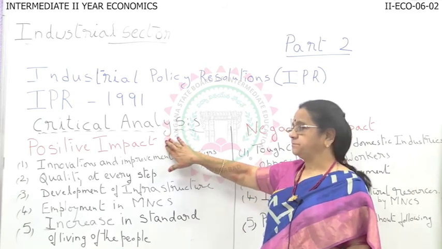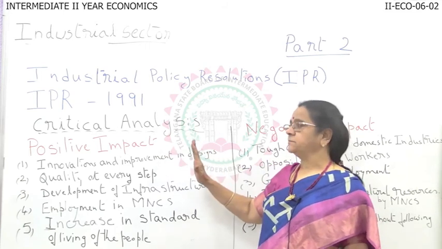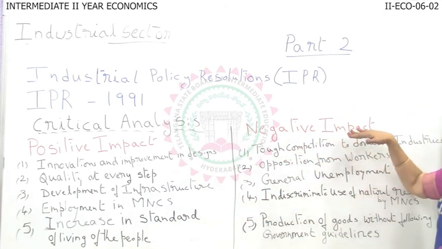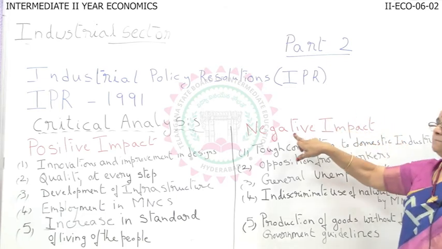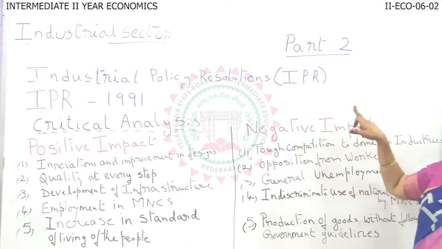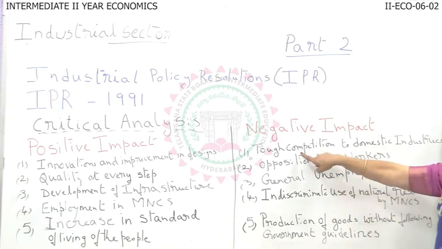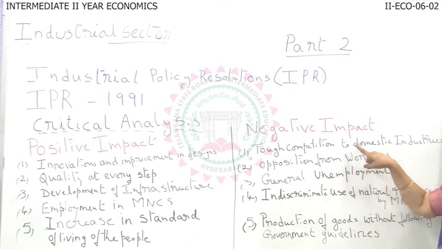At the same time, we also have some negative effects of IPR 1991. In other words, the disadvantages, demerits, or negative impact. So, what is the negative impact? First, tough competition to domestic industries.